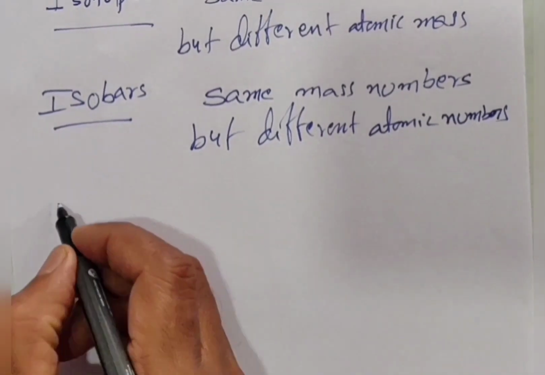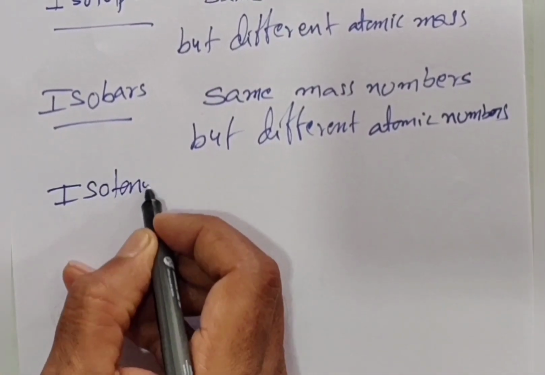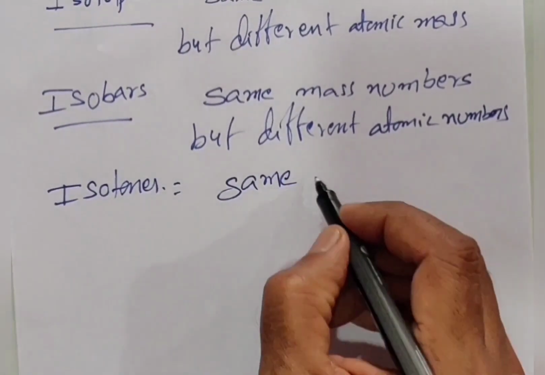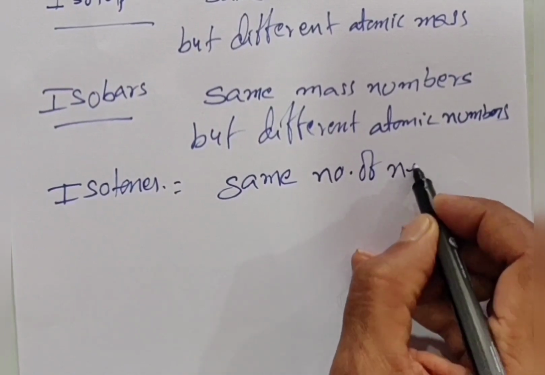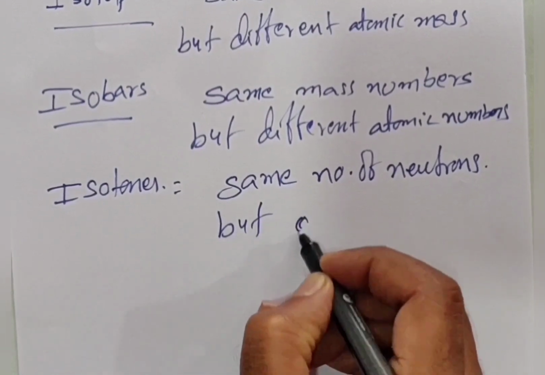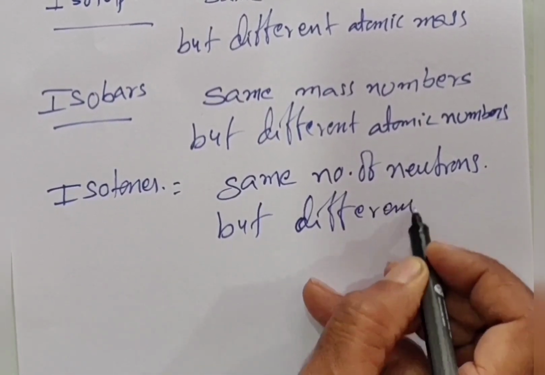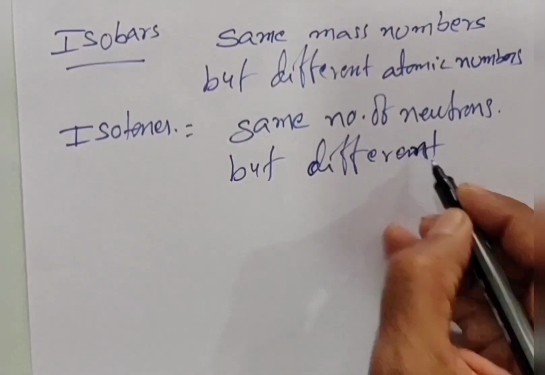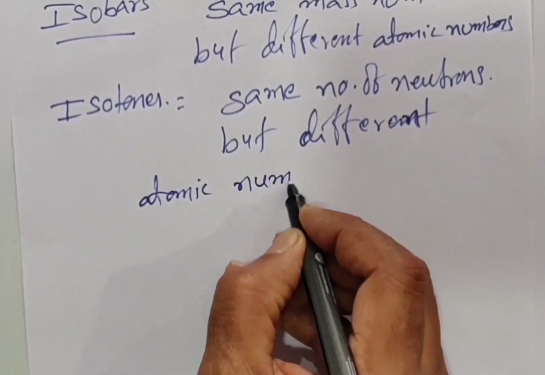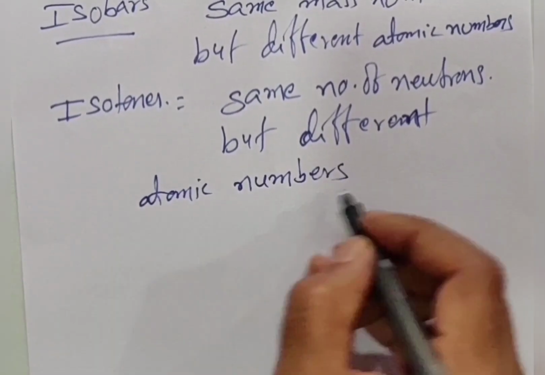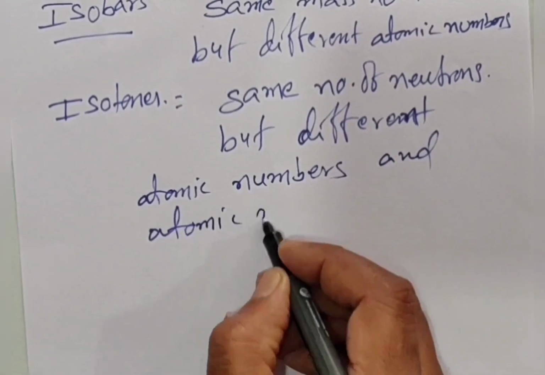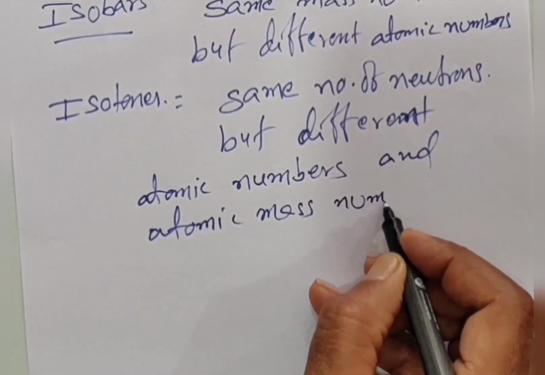The next one is isotones. In this definition, these have the same number of neutrons but different atomic numbers and atomic mass numbers also.